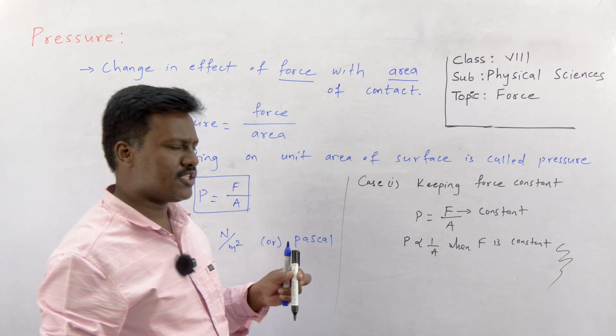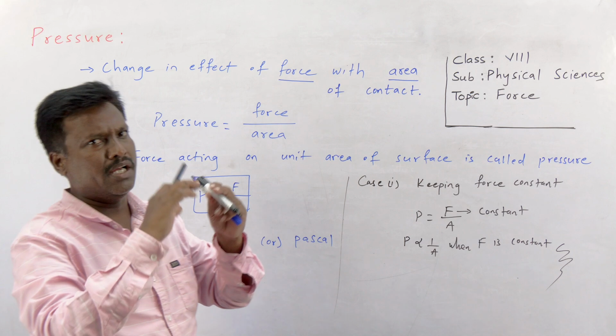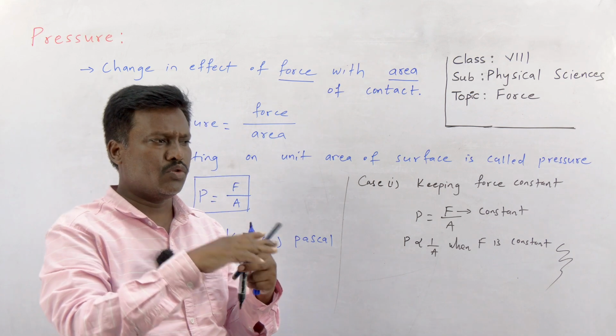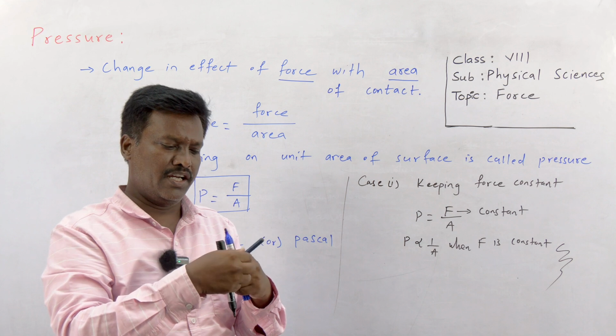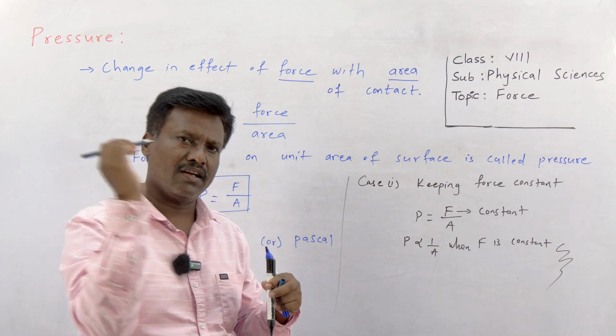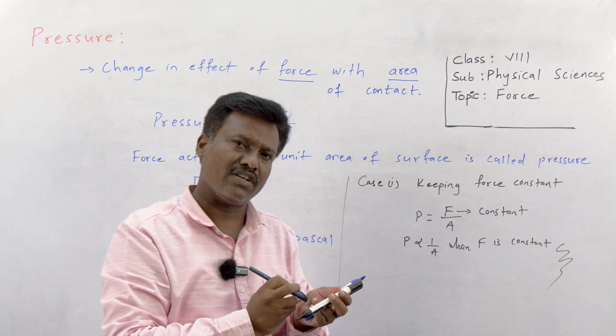Yes sir. Best example, as we discussed previously: take one inflated balloon. Blow the air, and the balloon inflates. Now try to press with your finger, and the balloon doesn't burst. But take a pen or pin, and if you press, the balloon bursts. What is the reason?